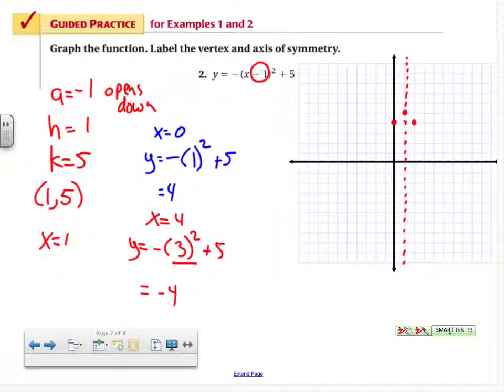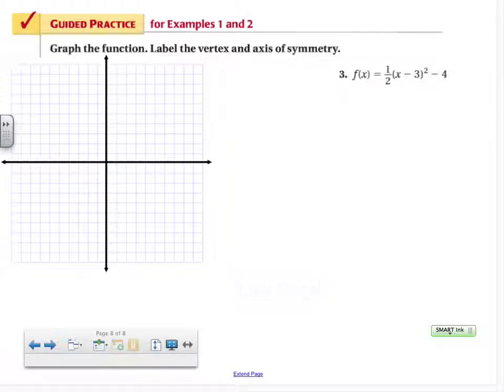So when x is 4, y is negative 4, and reflect that. So now we got our axis of symmetry, we got our points. Connect the dots. There is our parabola.